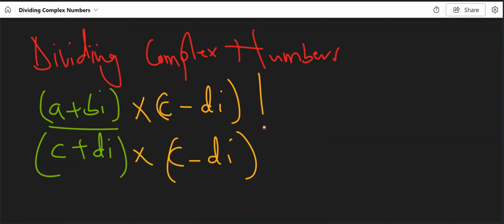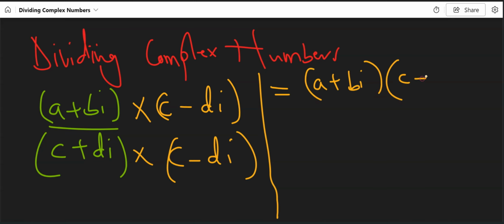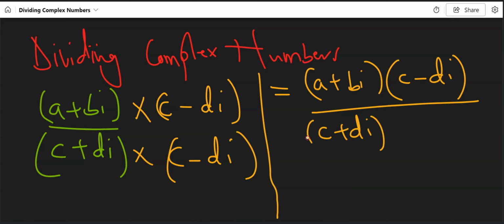So now the numerator becomes a plus bi multiplied by c minus di, divided by c plus di into c minus di.